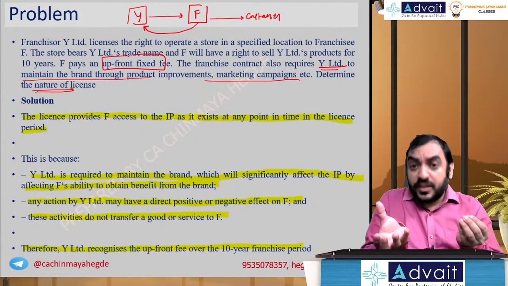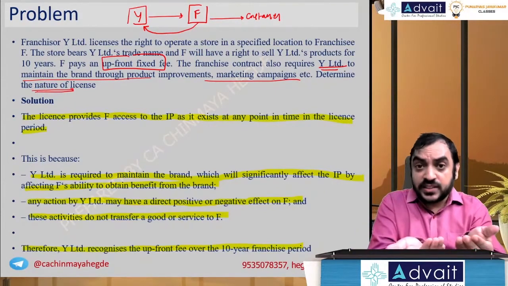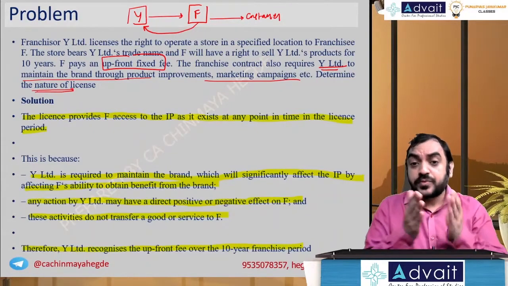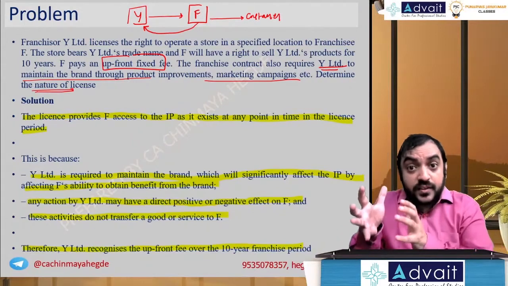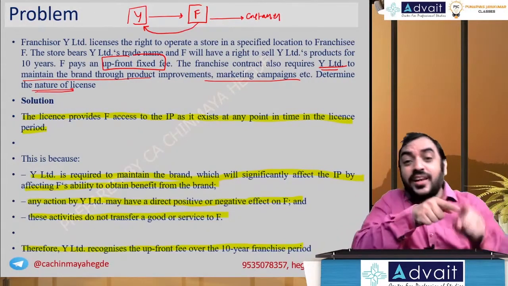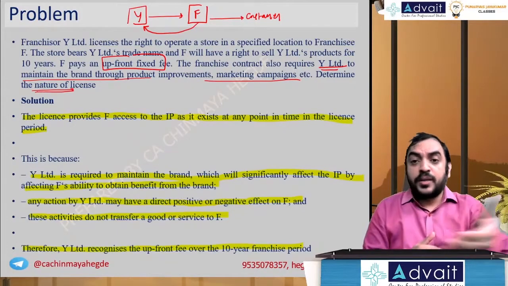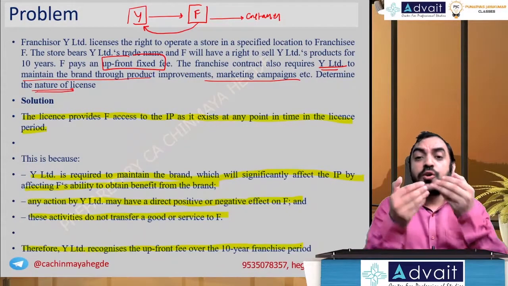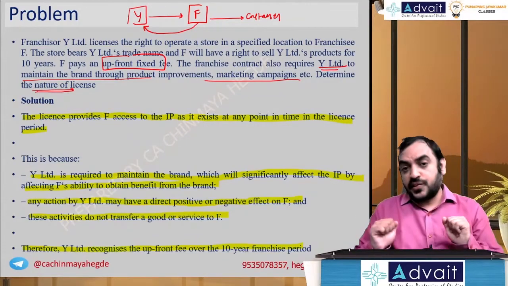So the performance, you as a Reddington company, you have paid the license fee, and how benefit you get, the benefit is not immediate. The benefit is over a period of 10 years, and that benefit is directly correlated to the performance of the main company, the product development, marketing campaign, etc. So essentially, if you understand what is the purpose, the amount you are paying is not for immediate benefit, it is a benefit over 10 years.